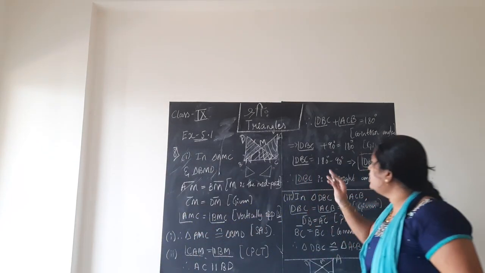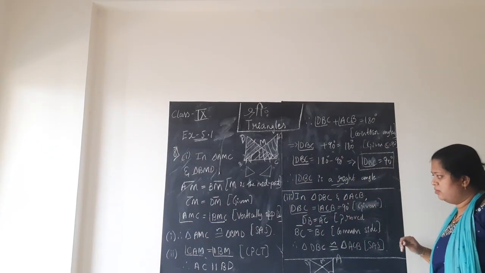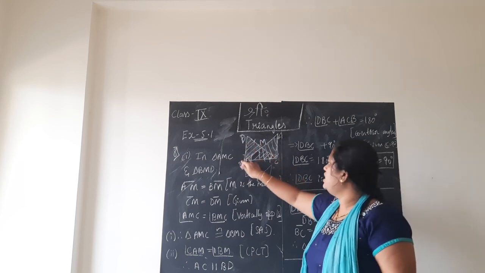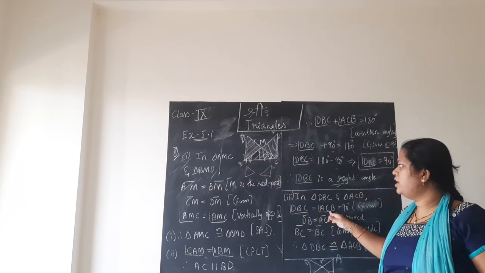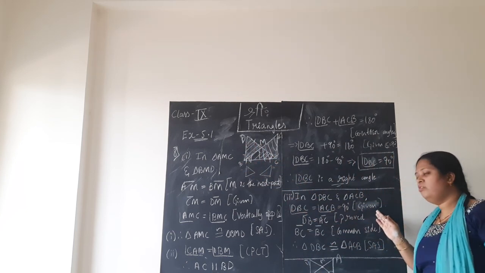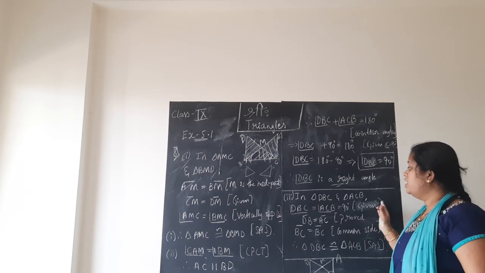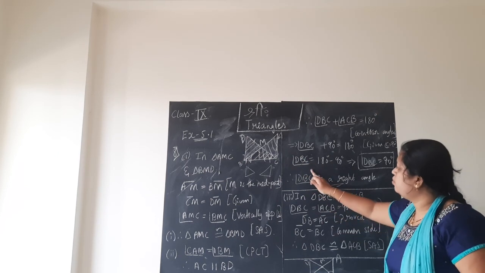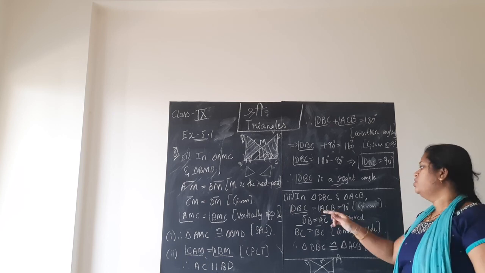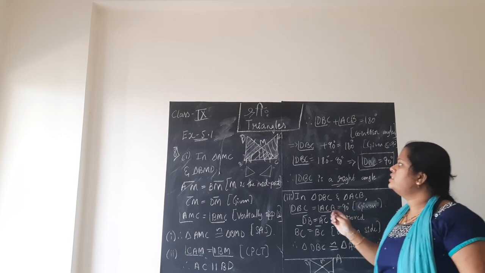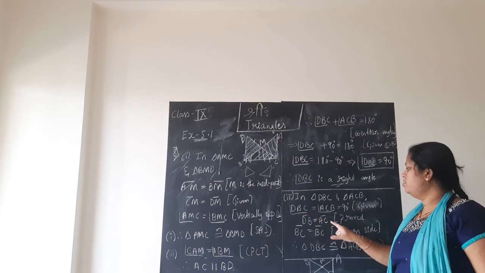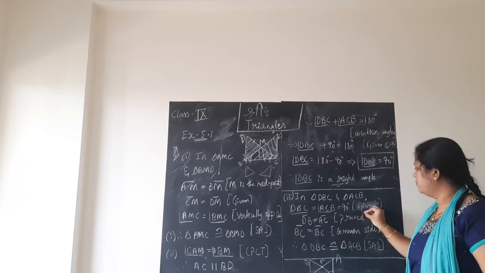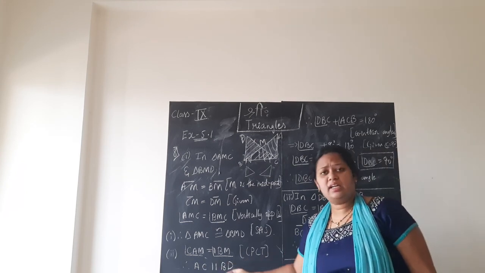So now in triangle DBC and triangle ACB, angle DBC is equal to angle ACB. Why? Because both are equal to 90 degree. Given, angle C is 90 degree, and angle B is 90 degree, which we proved. And side DB is equal to side AC. We already proved it, they are parallel.